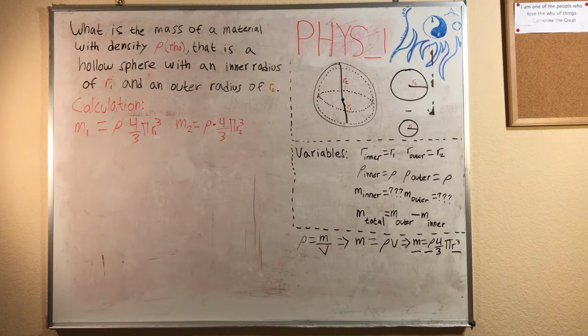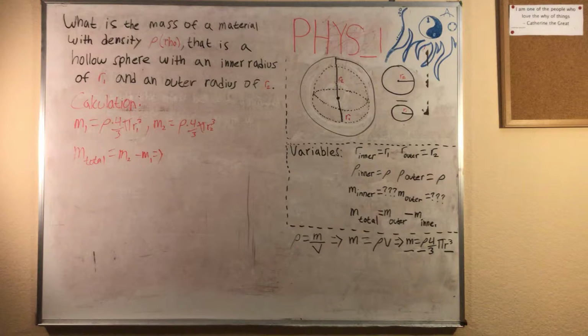Now that we have the two equations for mass, to find the mass total, we need to subtract the bigger mass minus the smaller mass, which is mass sub 2 minus mass sub 1. And so now we can substitute and plug in rho times 4/3 times pi times r sub 2 cubed for our mass sub 2, and the same for our mass sub 1.